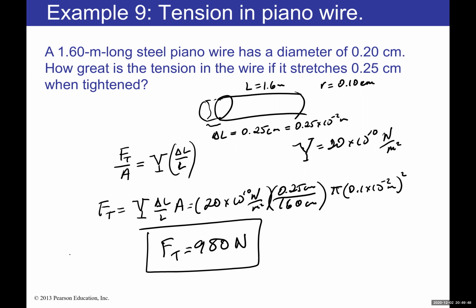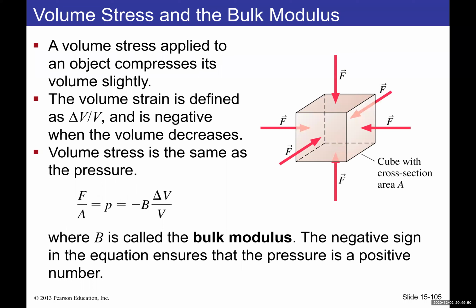All right, the last thing we have here is the volume stress and strain, and there's a bulk modulus. This is when you have not just a linear length, but the entire volume. The volume stress applied to an object compresses its volume slightly. That means we have a change in volume when there are forces acting on it.